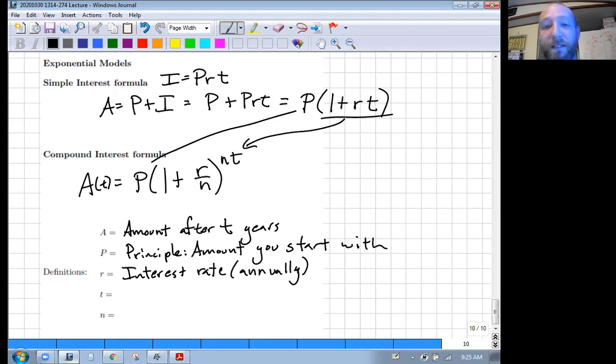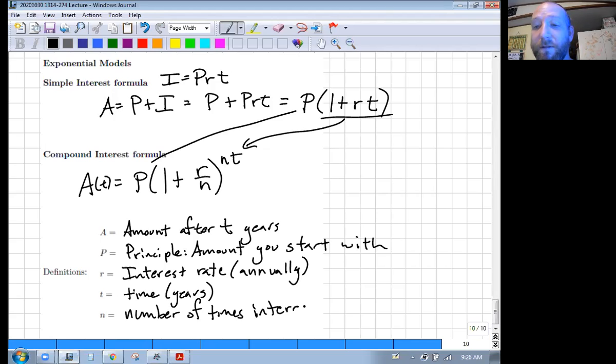So t is the time in years. All right. These two are related, because again, time is in years because the interest rate is annual. Okay. n is the number of times interest is taken in a year. See, annually, years, everything is based on a year.